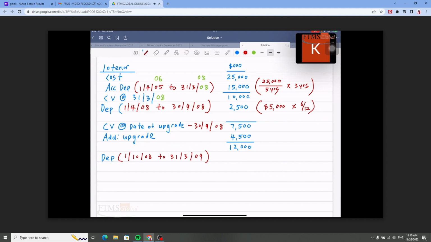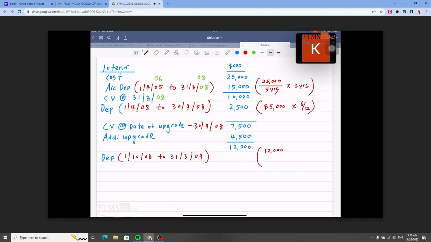Okay, then of course the depreciation, be very careful. I will not use my cost anymore. I will use this 12,000. Okay, so if you remember, the rule is you're supposed to use this 12,000 minus any new scrap value, if any. So there's nothing, right? There's no new scrap value.